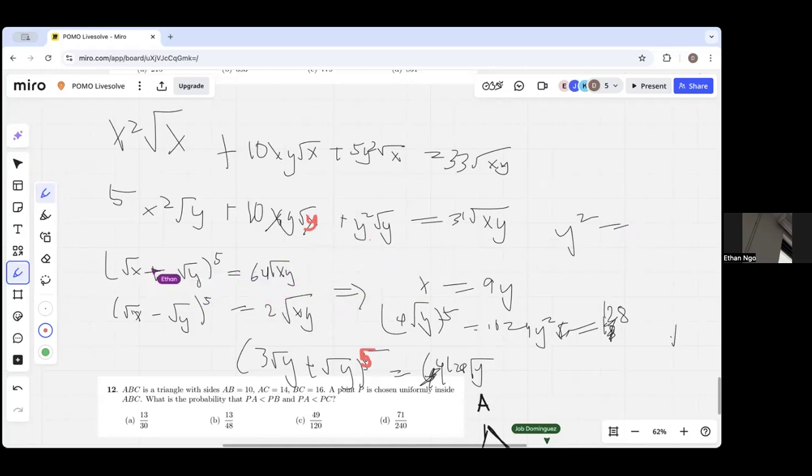So root x plus root y raised to 5 equals 64. Okay, so it's supposed to be this. So root x plus root y over root x minus root y raised to 5 equals 32. Thus, root x plus root y over root x minus root y equals 2.